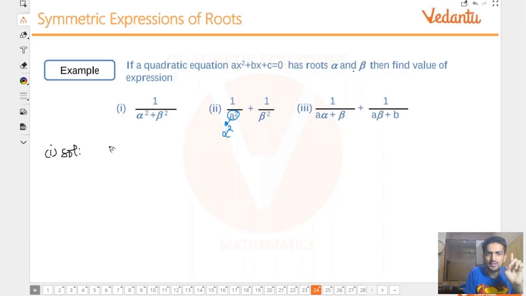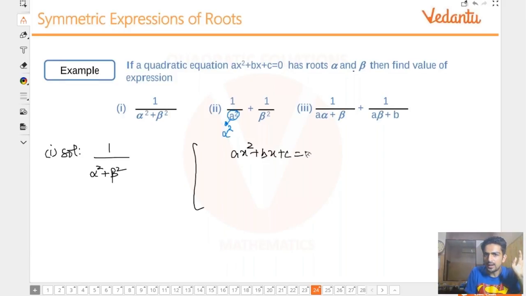We need to find the value of this thing. And what information do we have? We know that the roots of this equation are alpha and beta. From here, we can certainly write alpha plus beta is minus b by a, and alpha into beta is c by a.